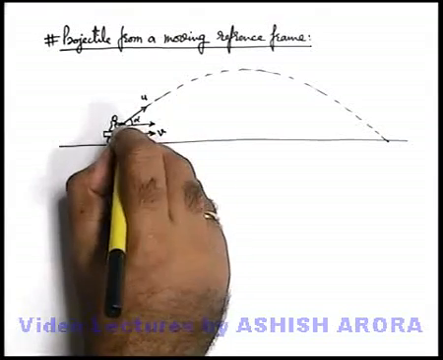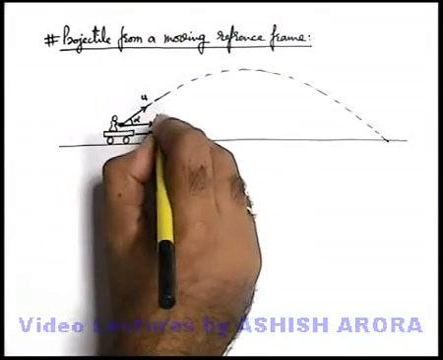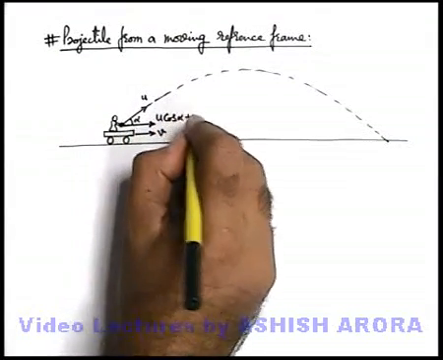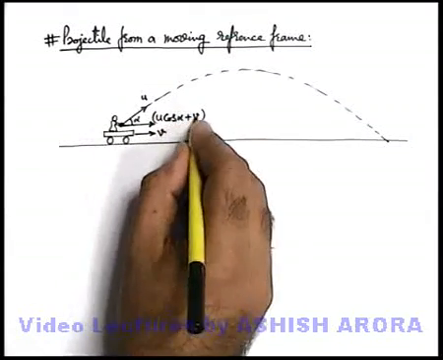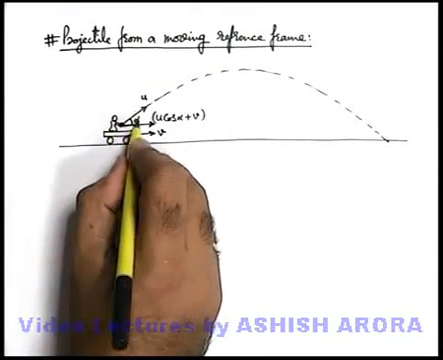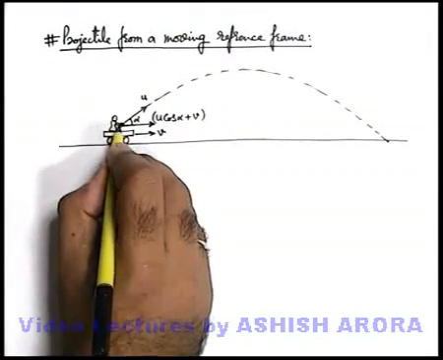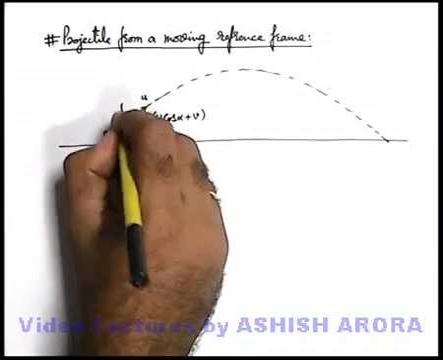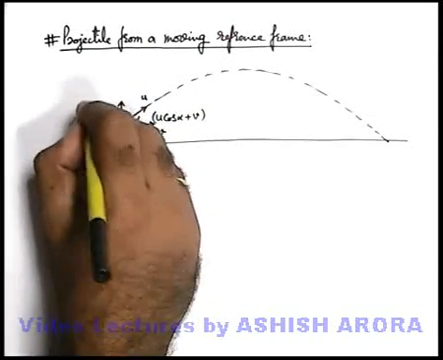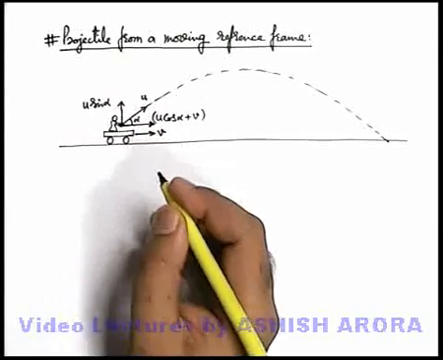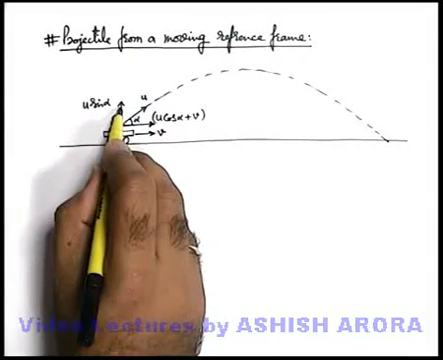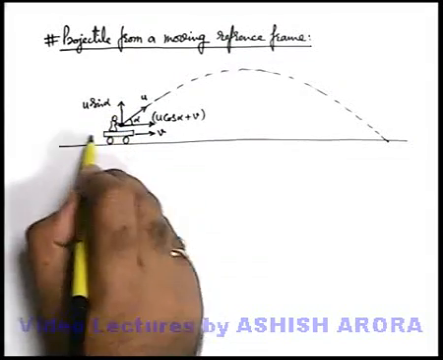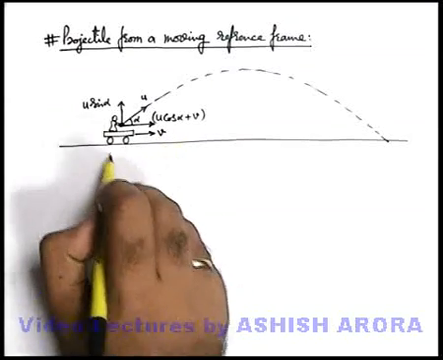So when the ball is thrown at an angle alpha with the horizontal, the horizontal component of the ball's velocity can be written as u cos alpha plus v, because v was already there in the ball and u cos alpha is provided by the boy. In the vertical direction, the ball was imparted the velocity u sin alpha, and there was no other velocity because the cart was moving horizontally, not vertically.